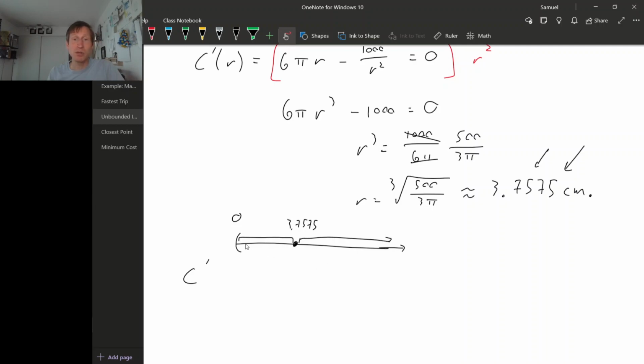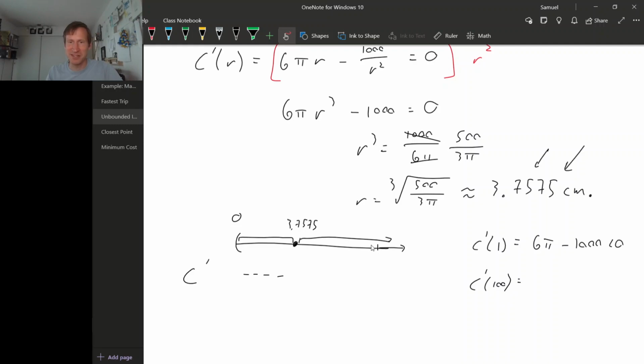So let's see, we could plug in 1. If we evaluate C prime at 1, we're going to get 6 pi minus 1,000, which definitely is less than 0. So our derivative is negative in here. And what about, I don't know, how about 100?